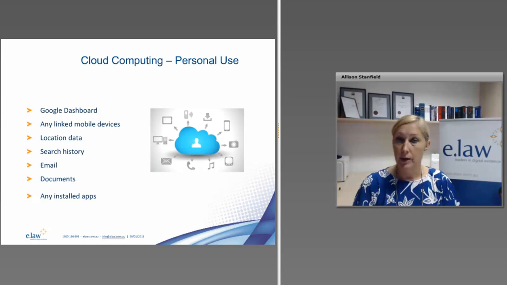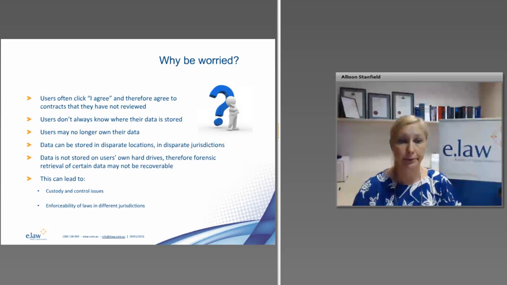You can have your mobile phone, which can upload or download to and from the cloud, your iPad, your home computer, and so on. It can store your location data, so the GPS coordinates on your mobile phone is stored in the cloud, your search history, your email documents, any of your installed applications, all of that, anything that you want to do on a computer can be operated within the cloud.